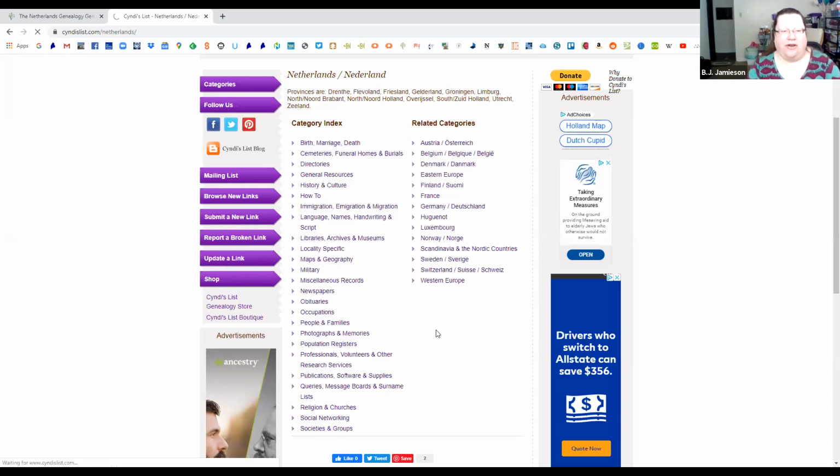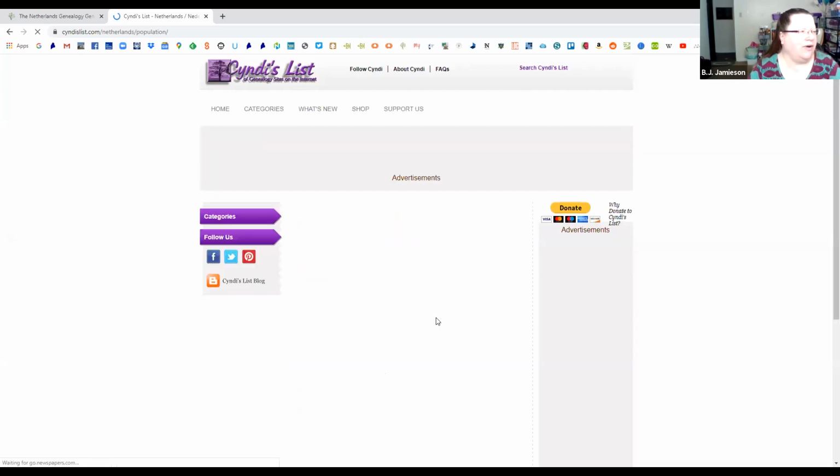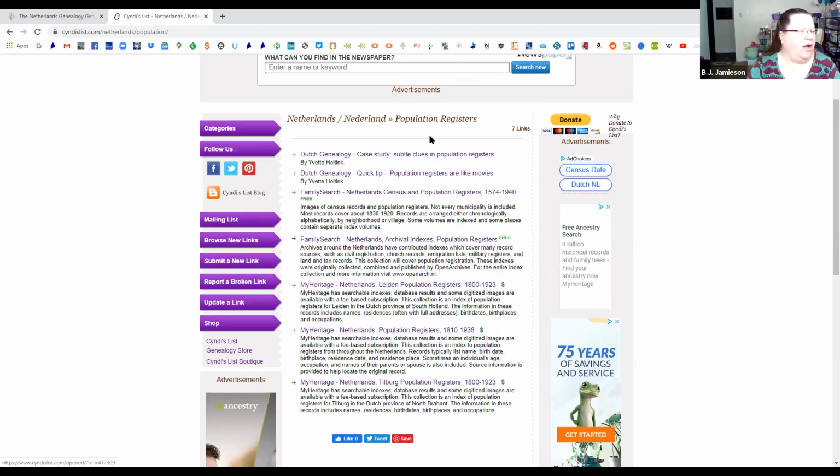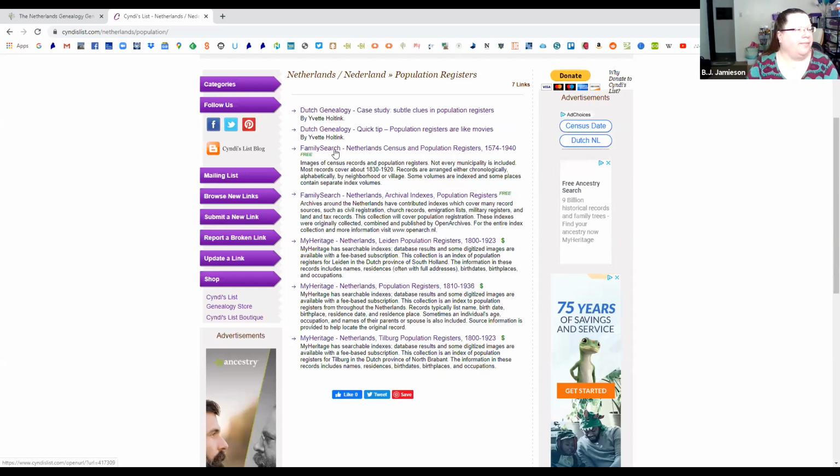Let's look, since I've started that, let's look at population registers. So there are some things to look at on how you use them as a source, and then also links to the actual records.